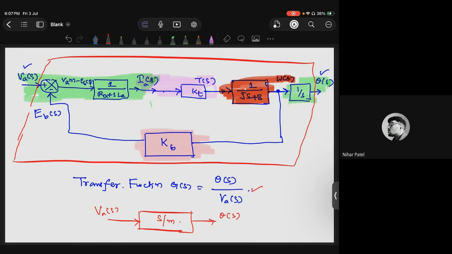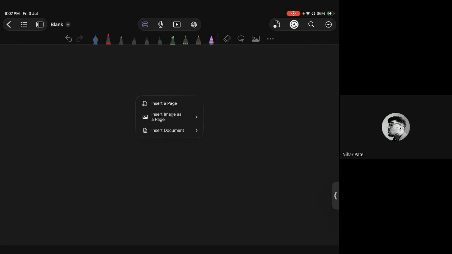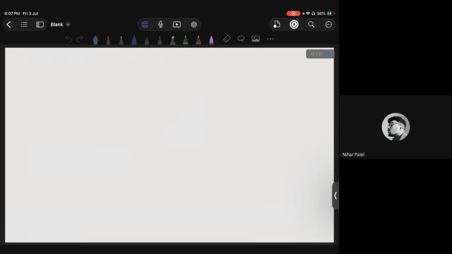That is called block diagram reduction. Is this idea clear?